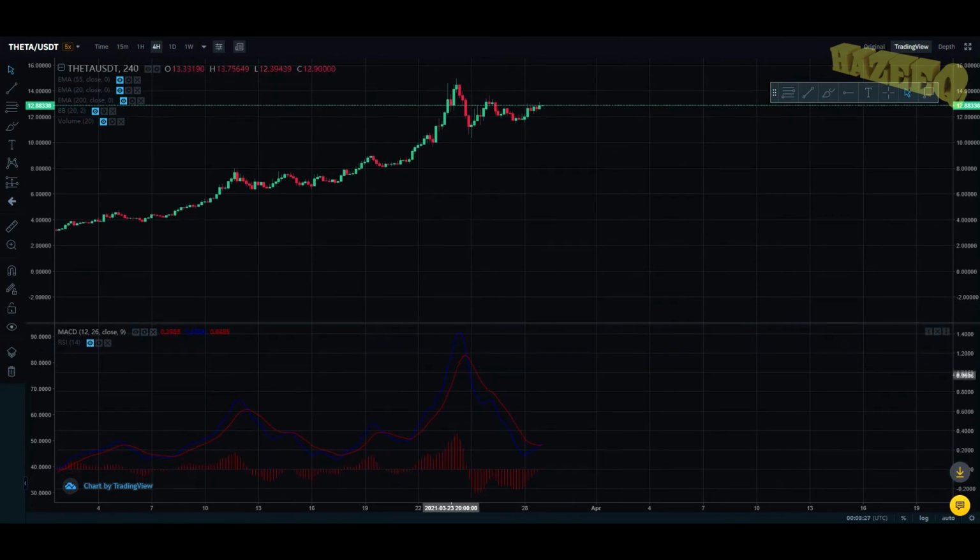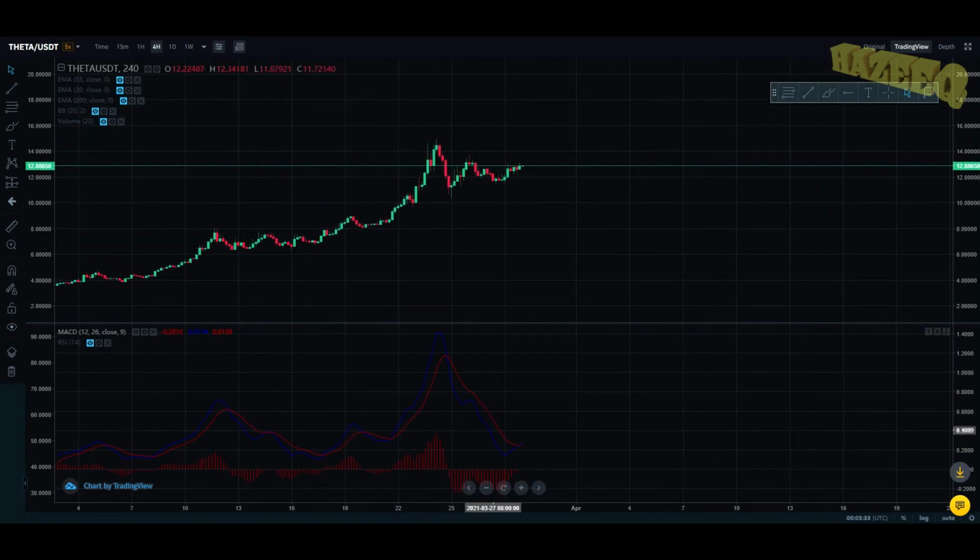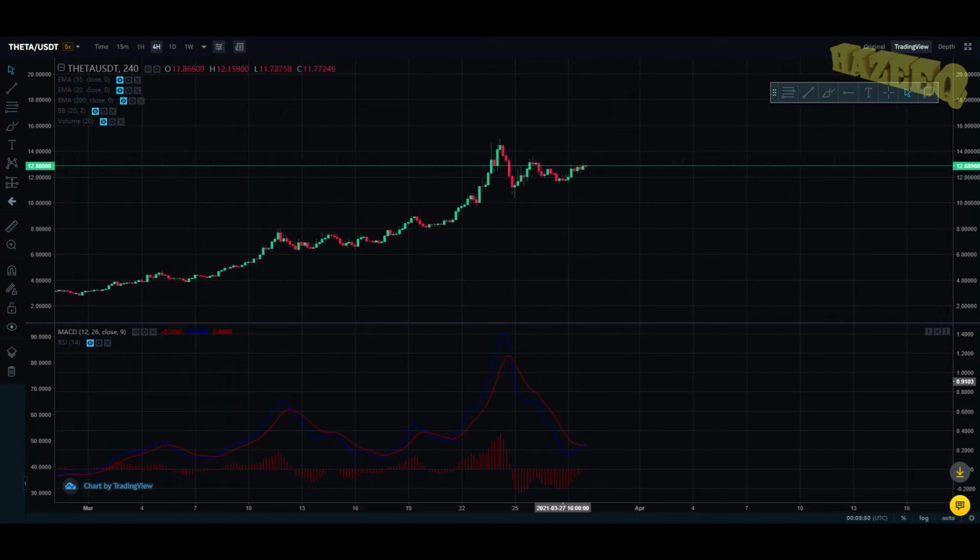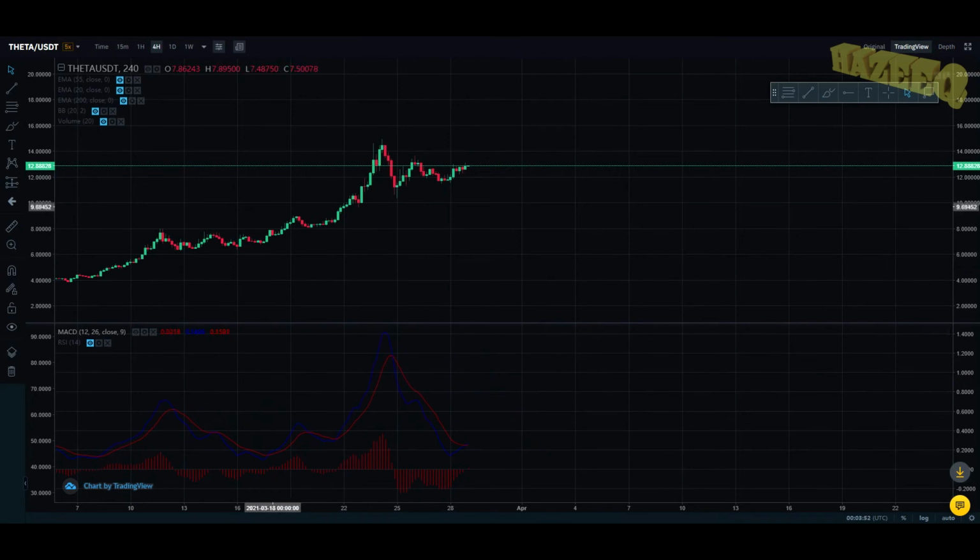So what this basically is, it shows you whether the price is volatile or not. So once these two are far away from each other, that means the price is not that volatile. But once they come close together, that means the price is reaching some sort of level of volatility. And we can have bullish crosses and bearish crosses, like with the EMAs. I talk about them all the time in my videos.